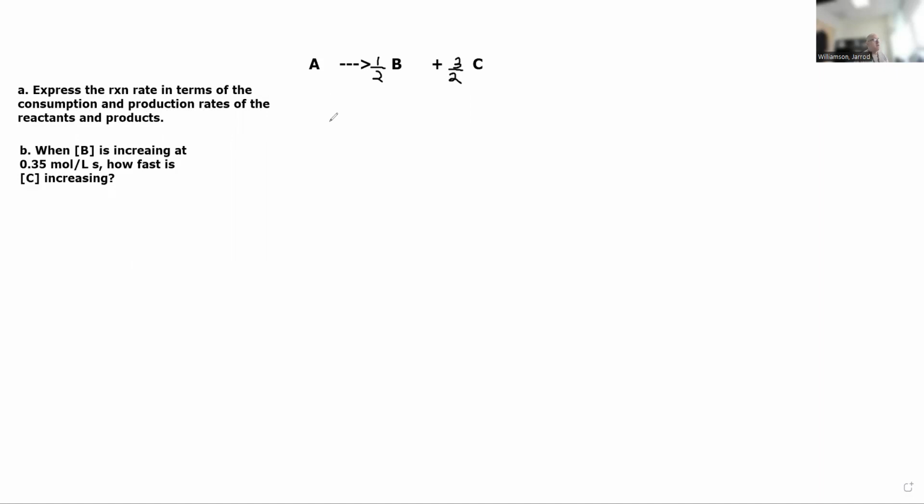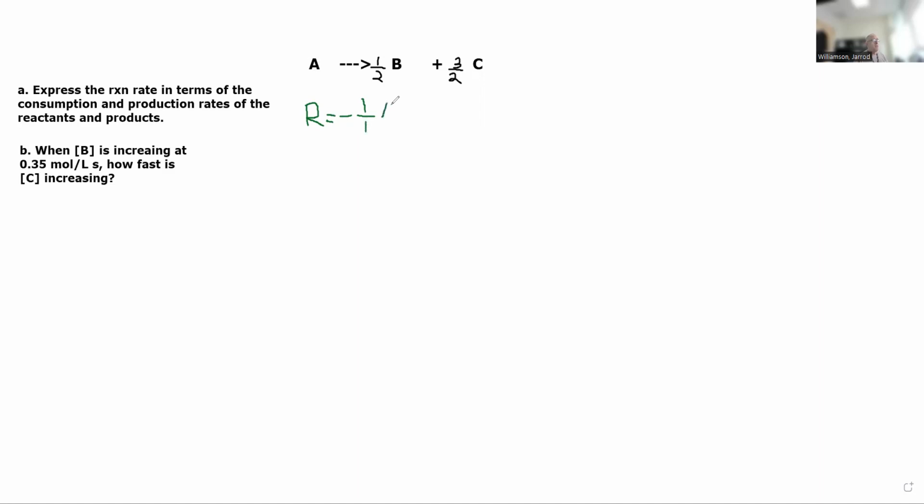So that means in terms of the consumption rate of A, or how fast A is consumed, I would say the reaction rate is equal to minus 1 over little a, the coefficient in front of capital A, which is an invisible understood 1. So I'd write a 1.